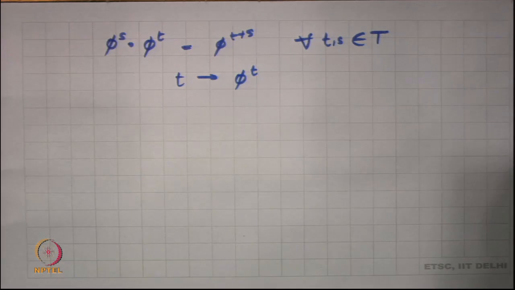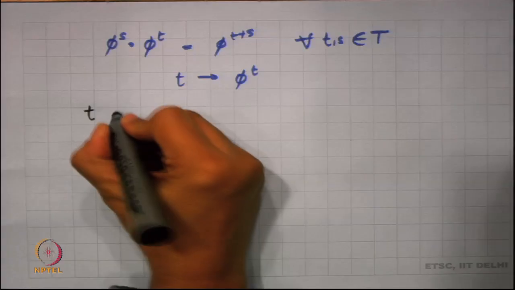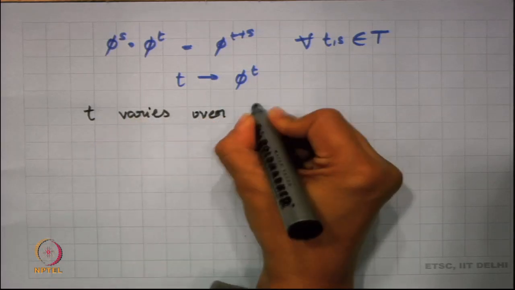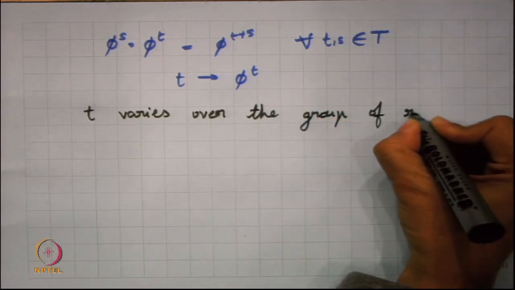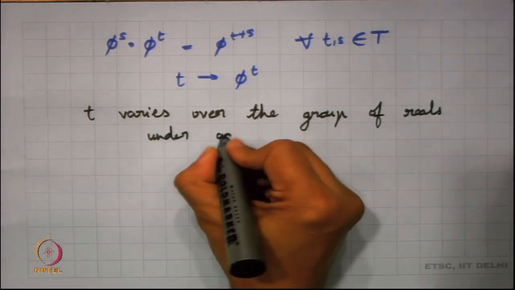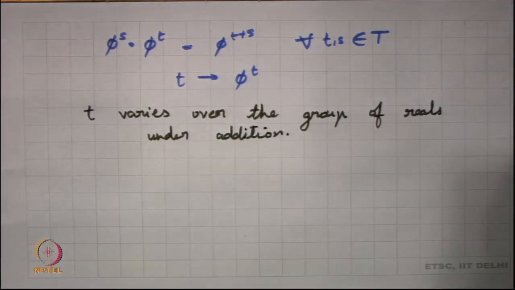Let us try to understand this association again. What is T? T is varying over the reals. So, I can say that my T varies over the group of reals under addition.